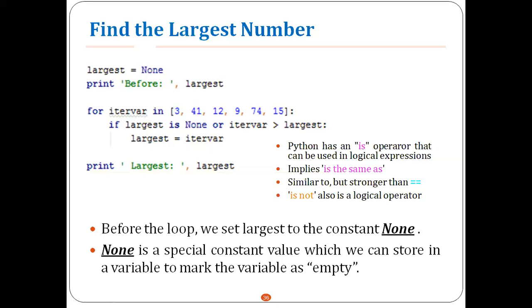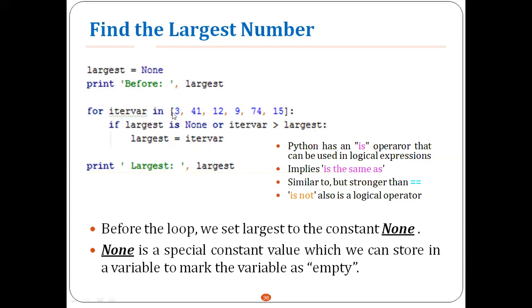So which one is the largest element? Here we are using two keywords, is and none, right? We are finding whether there is any larger element in the given list or not. So we are printing the value before, where largest is none.